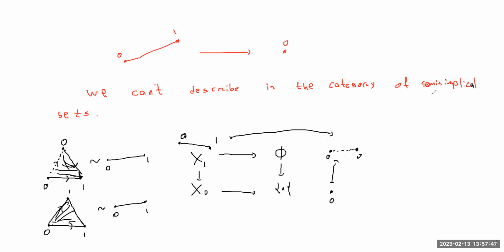We have to improve this category by adding what are called degeneracy maps. We will talk about this. If we have this, then we can represent this map. So this is the idea of the degeneracy map.